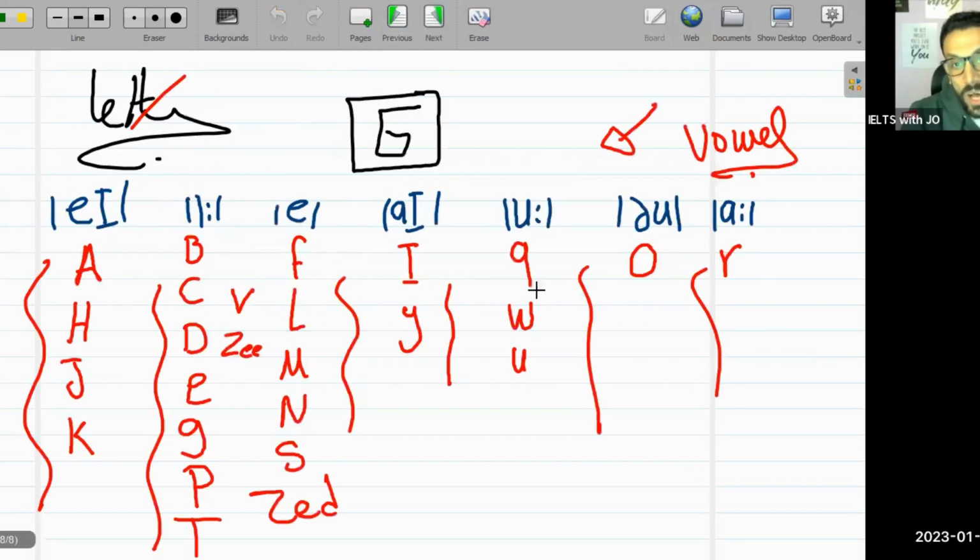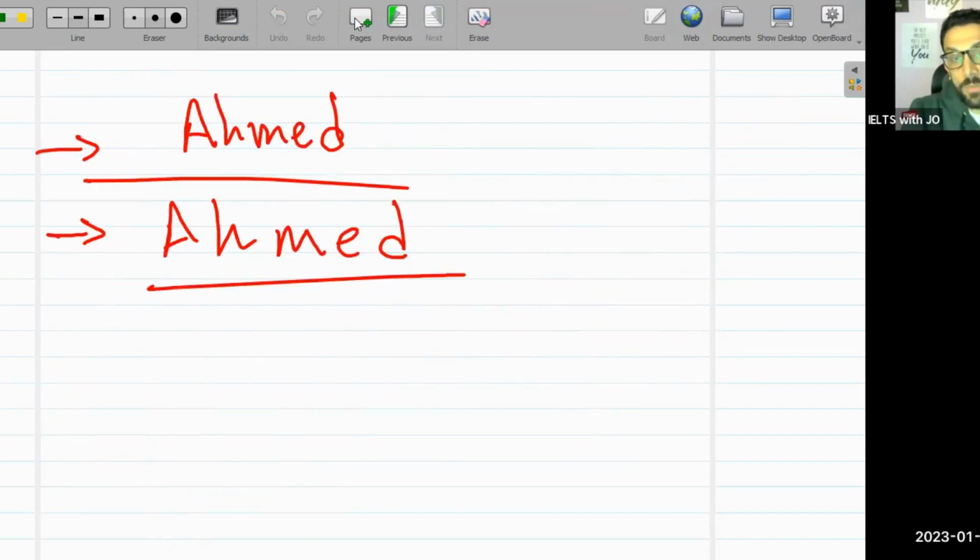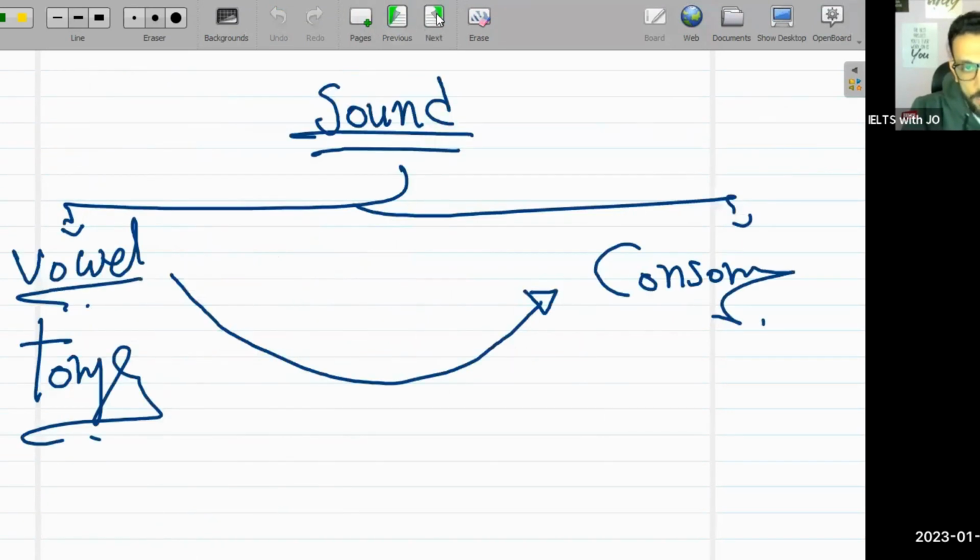This is why you have to pronounce the letters correctly, and this is how important the vowel is.